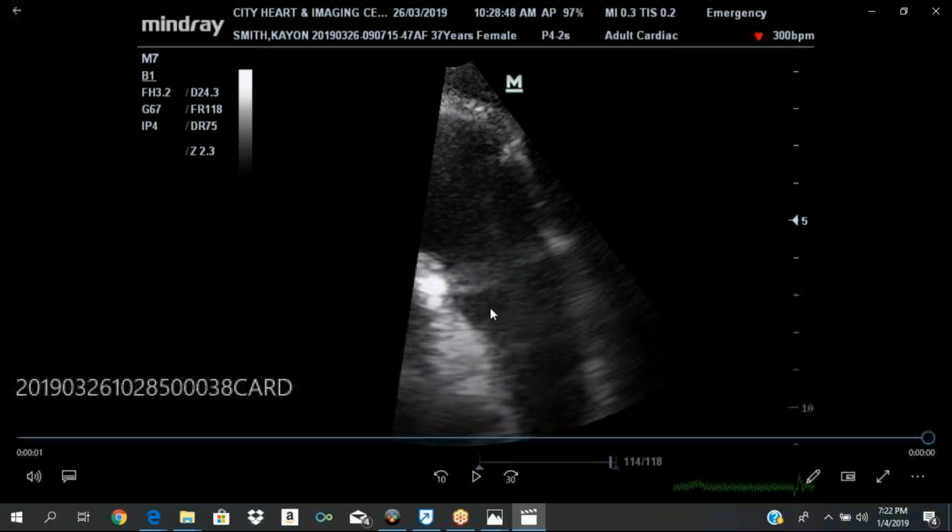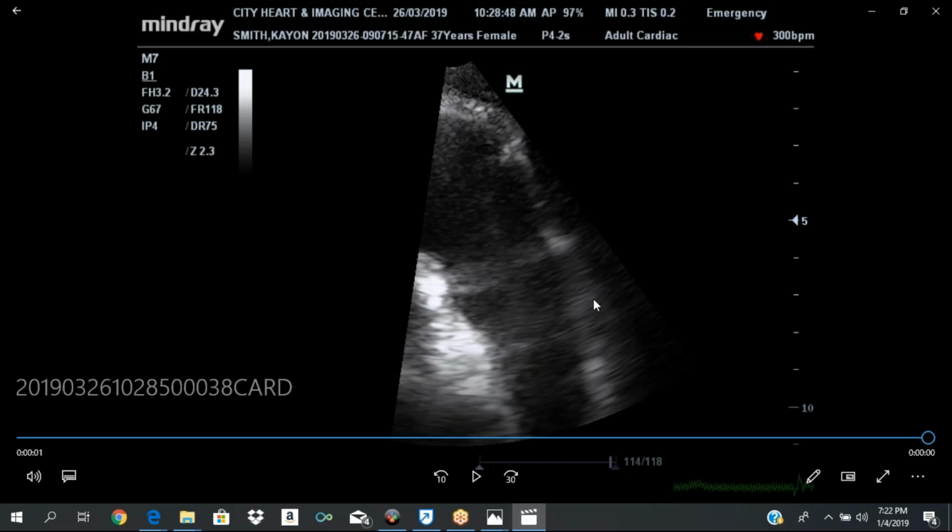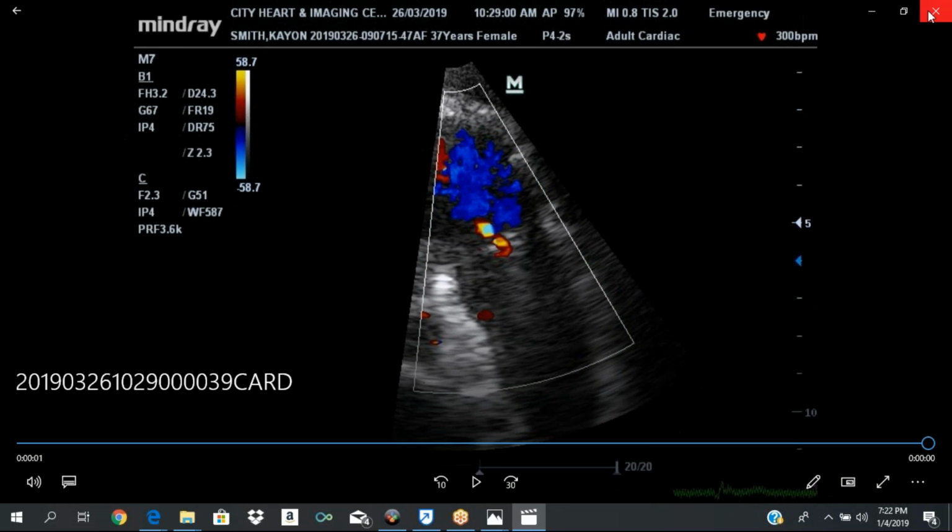If you want to look at the pulmonary artery opening and closing, you just zoom. So don't be scared to zoom. If you need a closer look at something, then you're going to zoom. Okay.